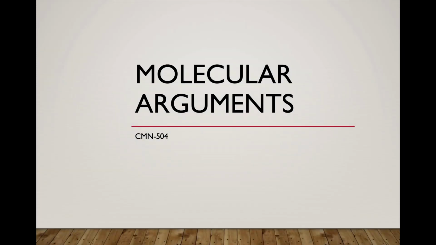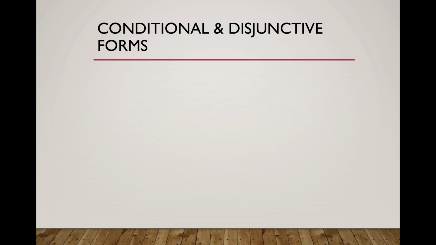So now that we have finished our examination of syllogisms, we will turn to study two more forms of deductive reasoning, which we call molecular arguments. We're going to look at the conditional form and the disjunctive form of deductive reasoning.